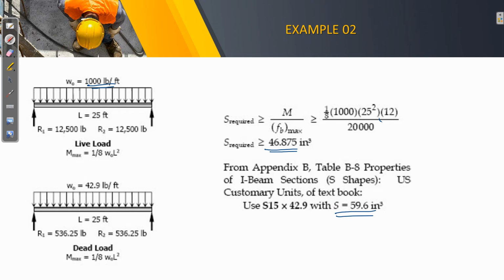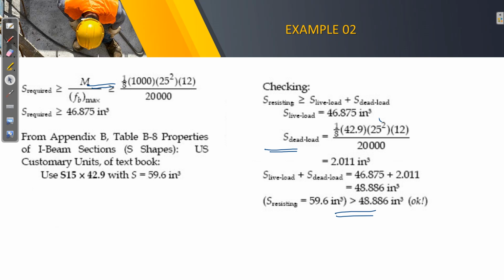So far, this is the lightest section among the S shapes from the table: S15 by 42.9. So it is greater than this. That is what we need. Then we have S of 59.6, greater than this, and so S is resisting.